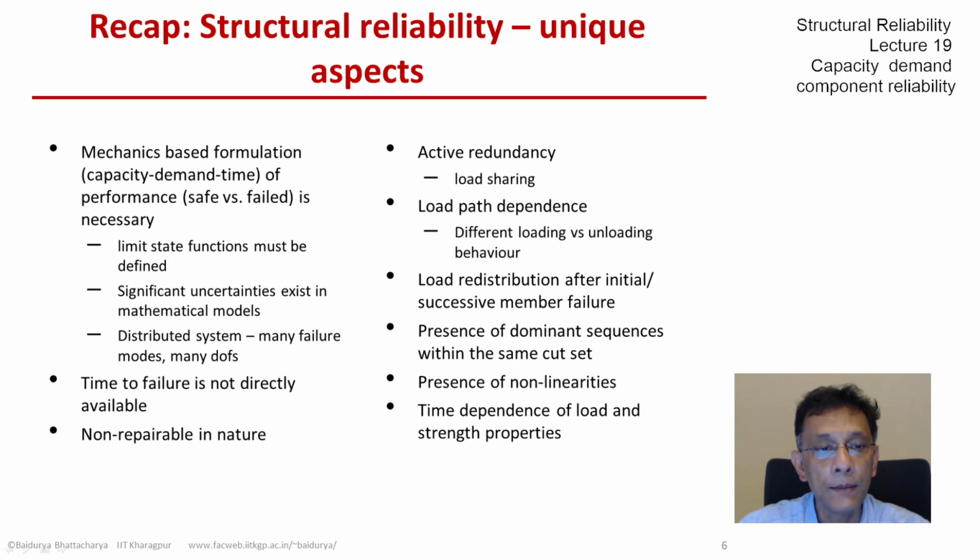There could be time dependence because of aging effects, and obviously because of time-dependent hazards like natural processes, wind, waves, earthquakes, or even due to human behavior. Some loads do vary randomly in time. So that has to be taken into account.